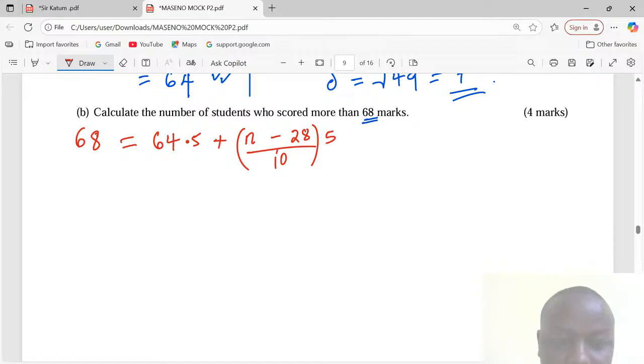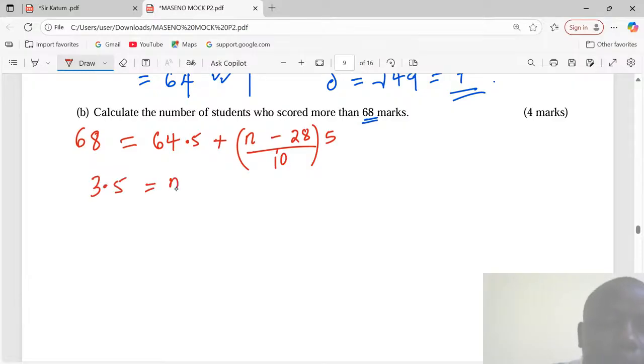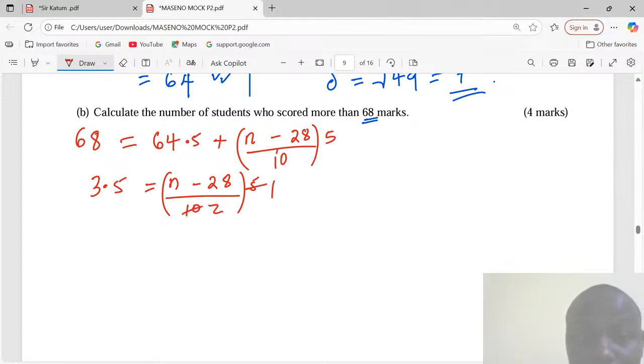Look at these now. We should have 68. We subtract 64.5. That's giving me 3.5. This is equal to n minus 28 out of 10, and we are having 5 here. So by 5, we can have 1, and by 5, 2. Now we can do away with the 2 by multiplying by 2 on both sides.